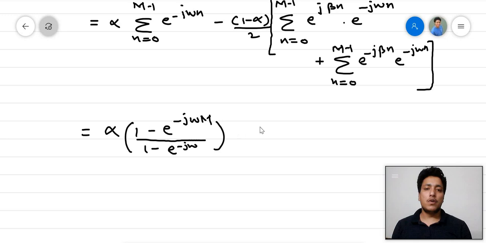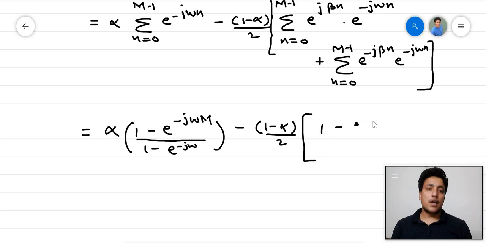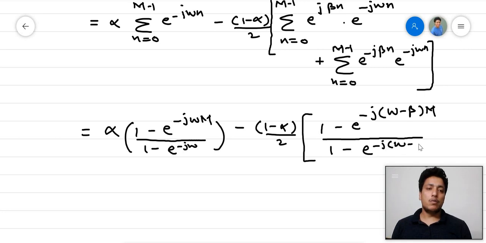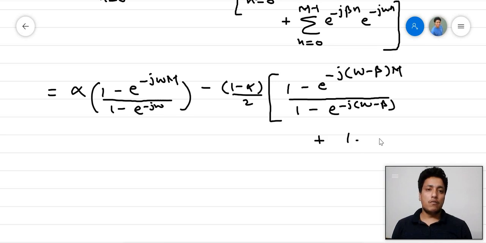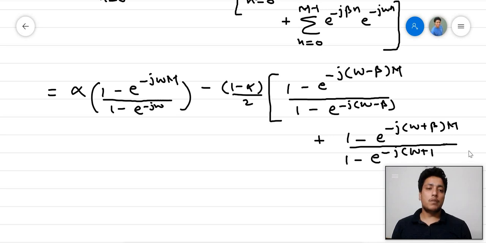Similarly we can do this for the other part, that is (1 minus alpha) by 2 times [(1 minus e^(-j (omega minus beta) M)) over (1 minus e^(-j (omega minus beta))) plus (1 minus e^(-j (omega plus beta) M)) over (1 minus e^(-j (omega plus beta)))].